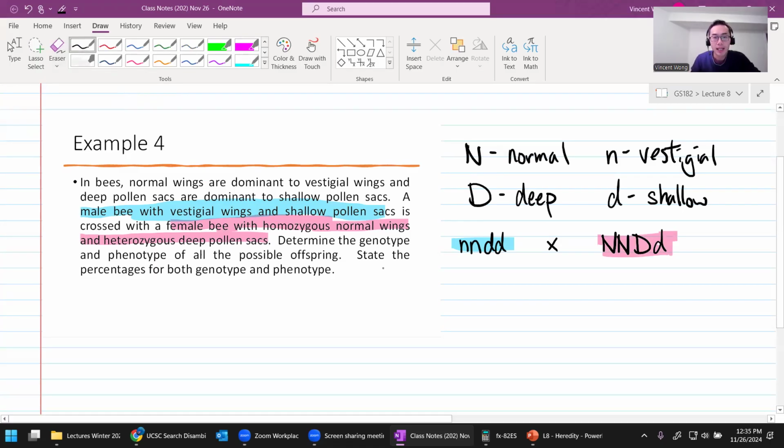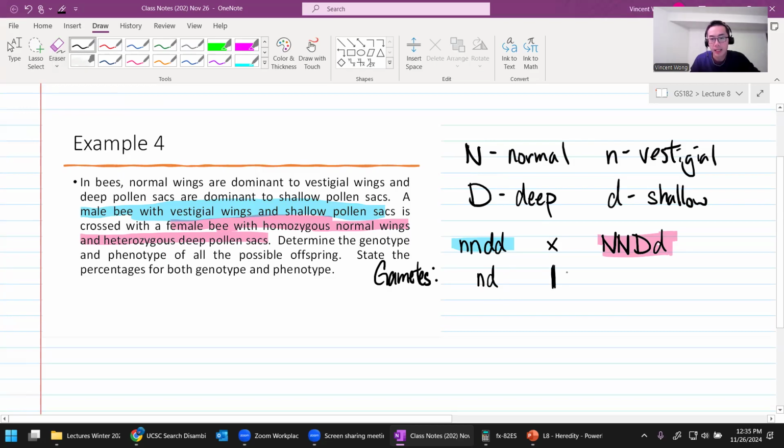Okay, so the next thing you have to do is to figure out the possible gametes for each parent. Here the male only has small n and small d, so all the gametes will be small n combined with a small d.